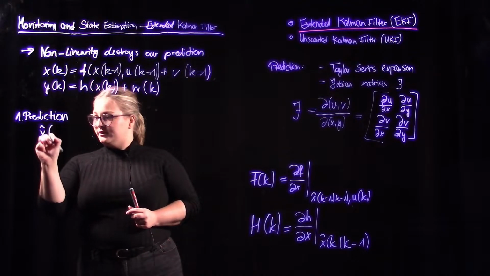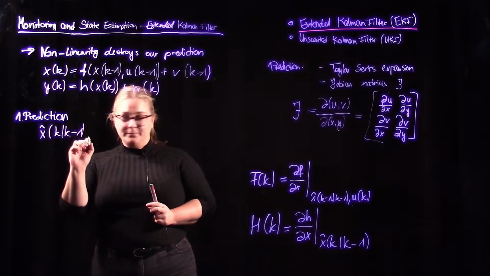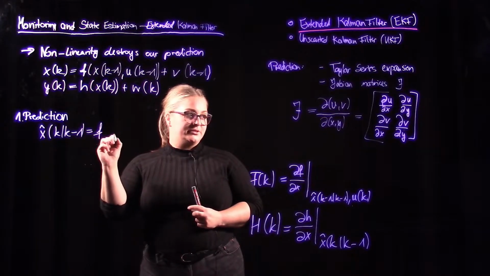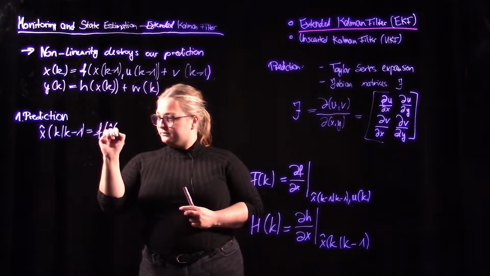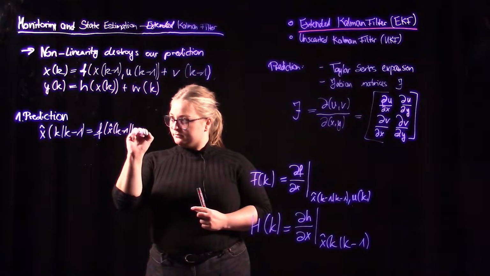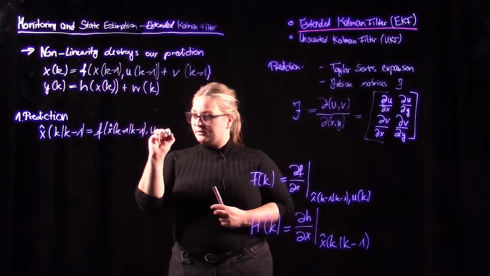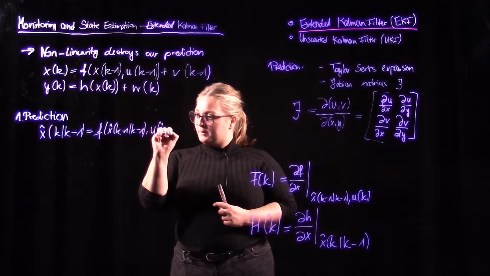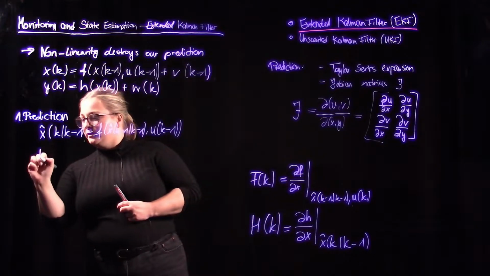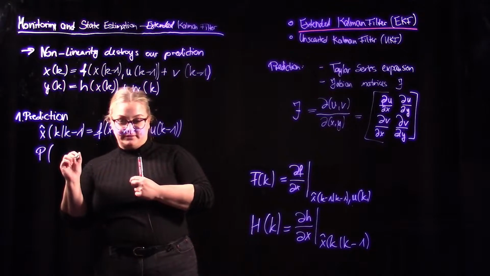We do have our state X at K minus 1, F, our state transition, Q, and also our covariance again, like in the first linear Kalman filter.